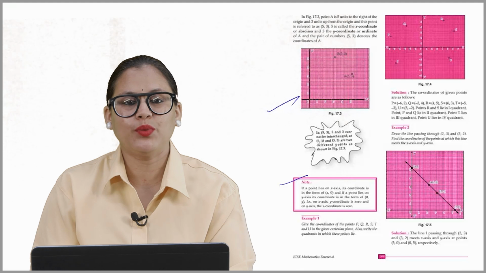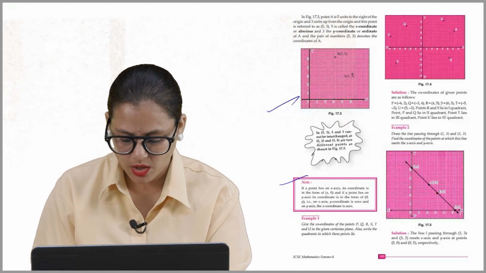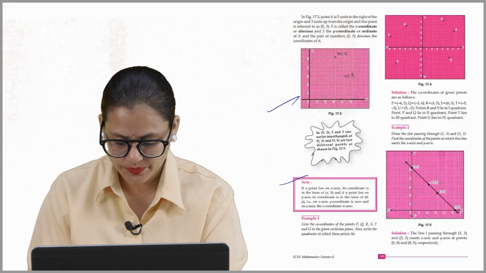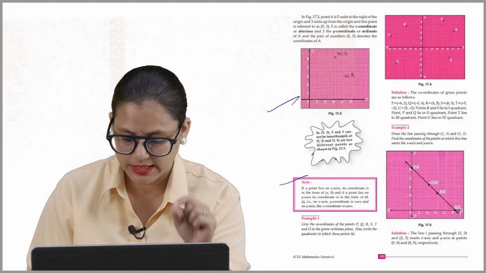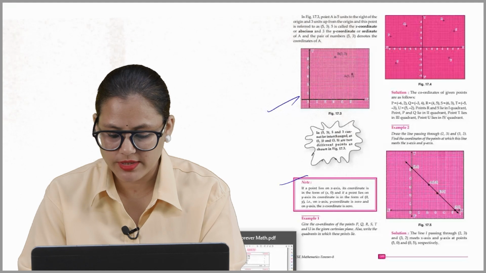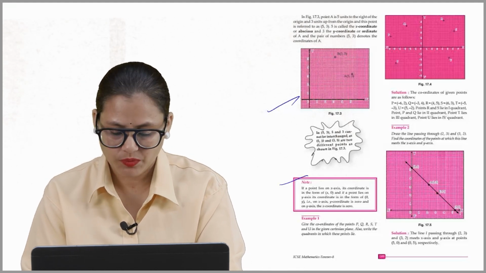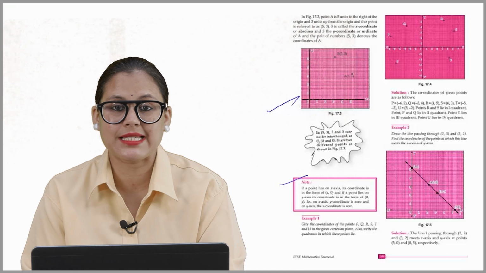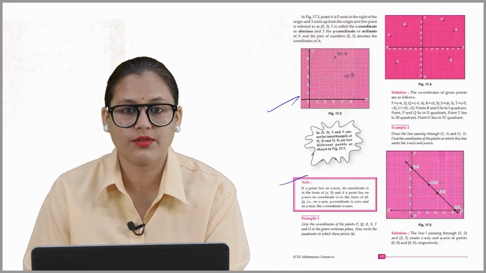Okay. Example 1. Write the coordinates of the points P, Q, R, S, T and U in the given Cartesian plane. Also write the quadrants in which these points lie. Okay. So here are the points given. The coordinates of the given points are as follows. As you can see here, P is (-6, 2). Q is (-3, 4).